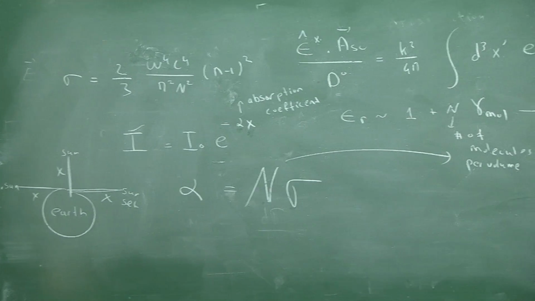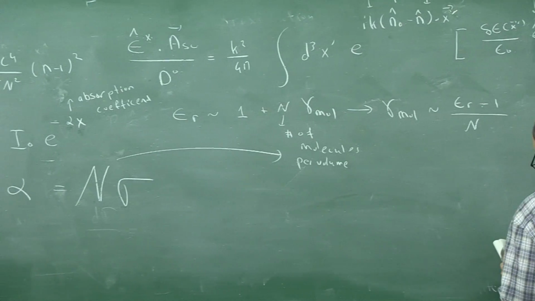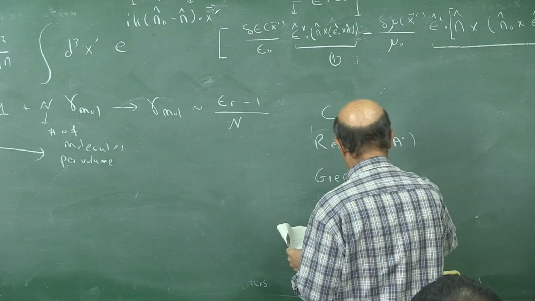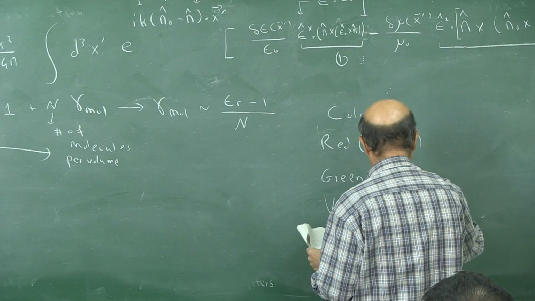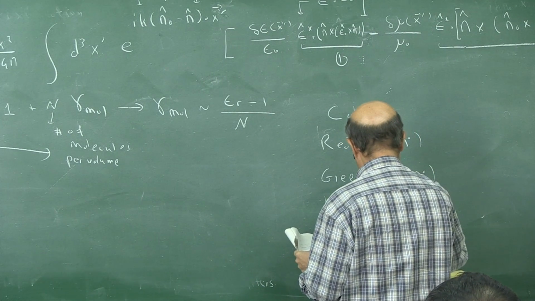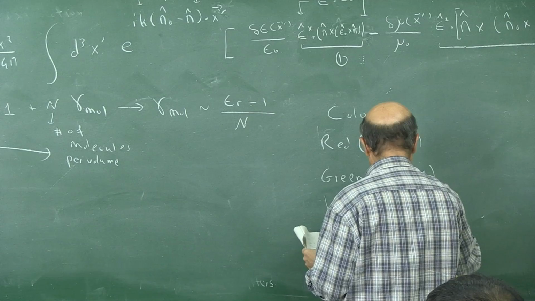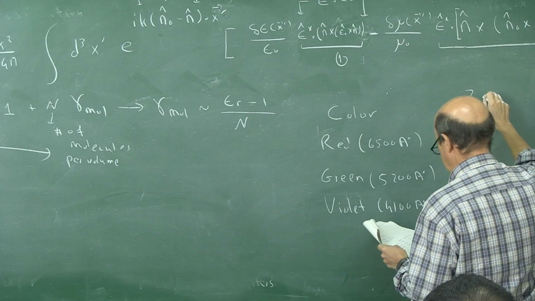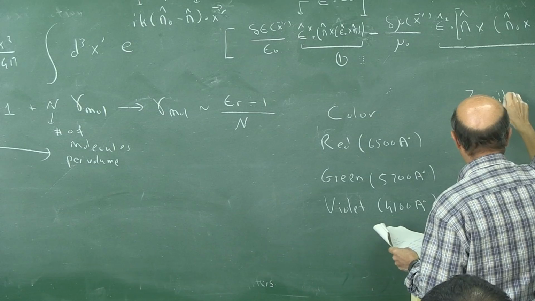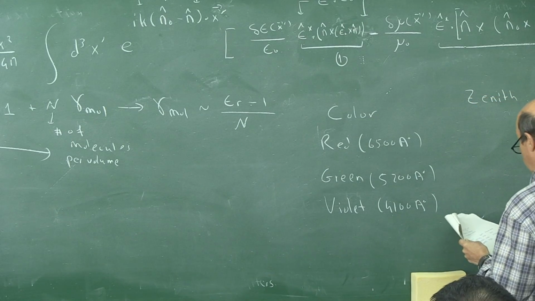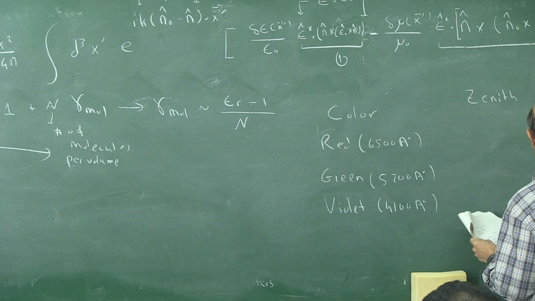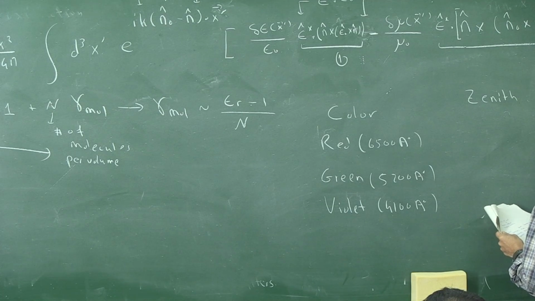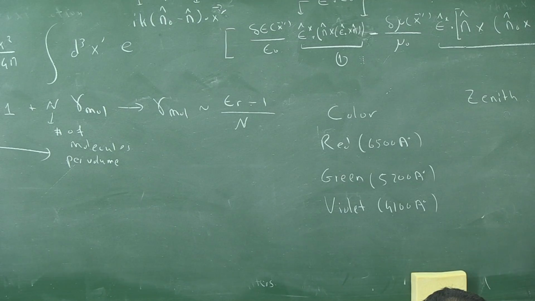This is 6,500 Angstrom, this is 5,200 Angstrom, and this is 4,100 Angstrom. So the sun is at the zenith, and during the sunrise or sunset, the situation is the following.